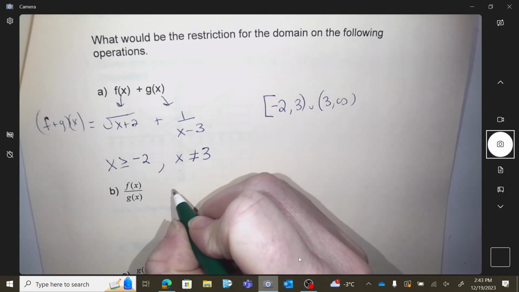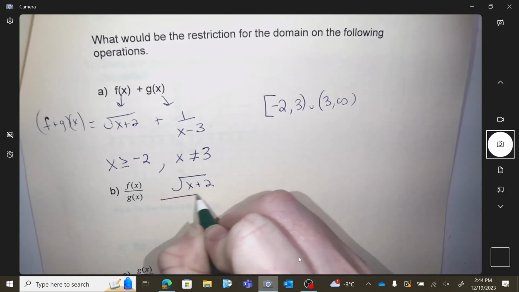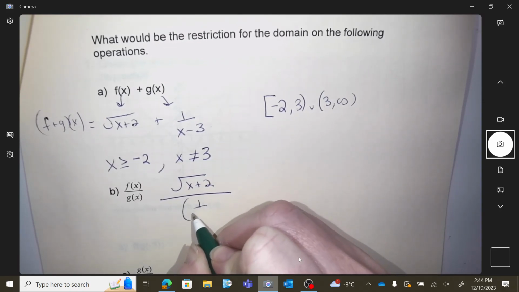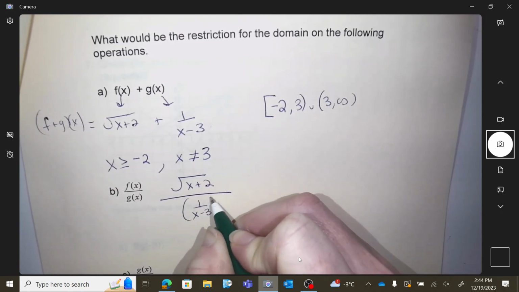Okay, so then this one would be this divided by this.